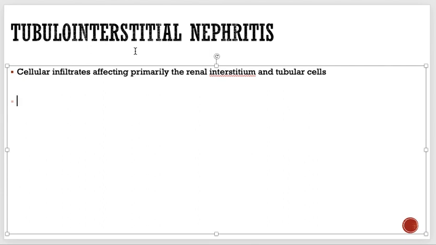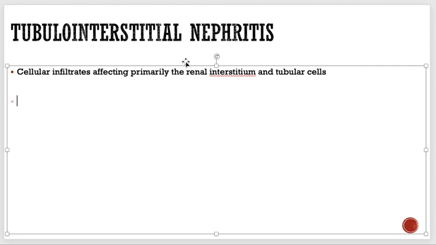Even the interstitium, the fluid around the nephrons, also does a lot of function, like concentrating the urine. Now we classify tubulointerstitial nephritis into acute and chronic types: acute tubulointerstitial nephritis and chronic tubulointerstitial nephritis.